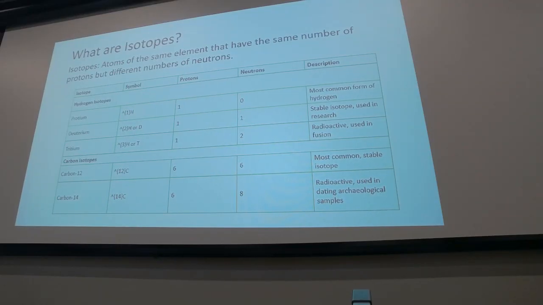Because atomic mass is based on the weight of the protons and the neutrons found in the nucleus of the atoms, as you increase the number of neutrons in some of these elements, you will have a heavier atomic mass.